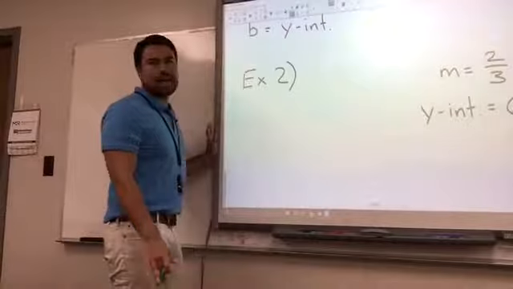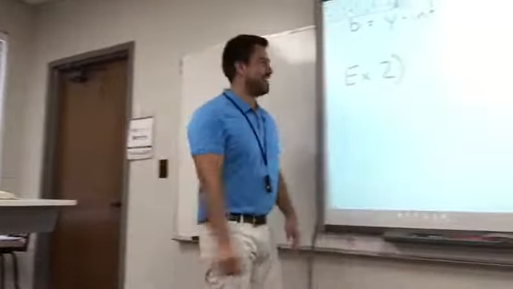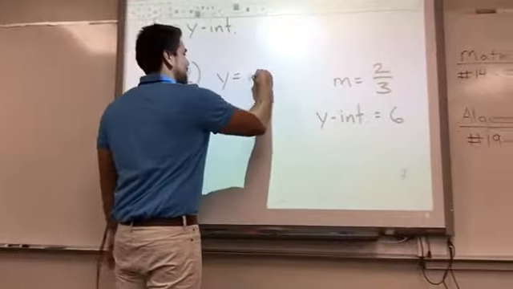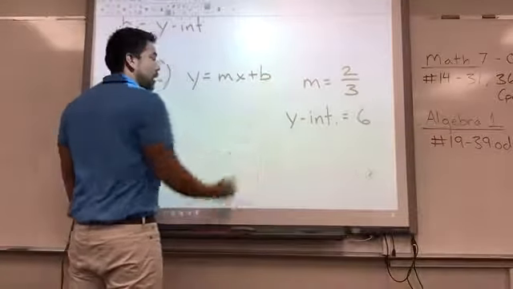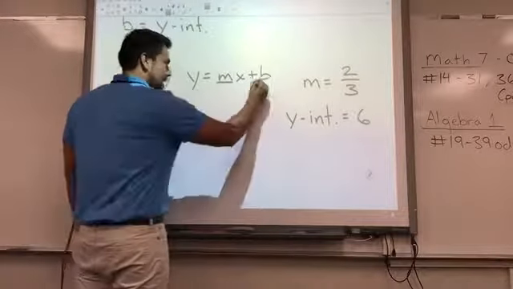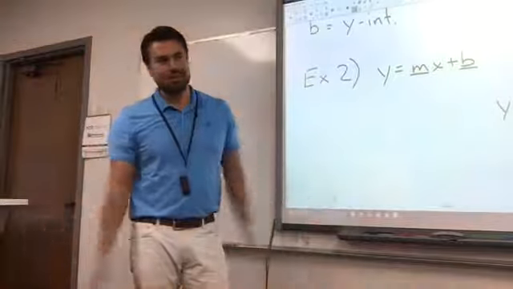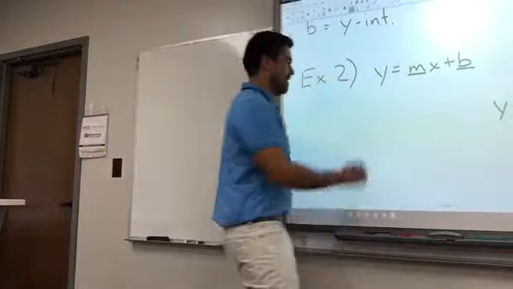What is slope-intercept form? Y equals mx plus b. All you have to do in this problem is replace m with what the slope is and b with what the y-intercept is. So what's the slope? Y is equal to 2/3.